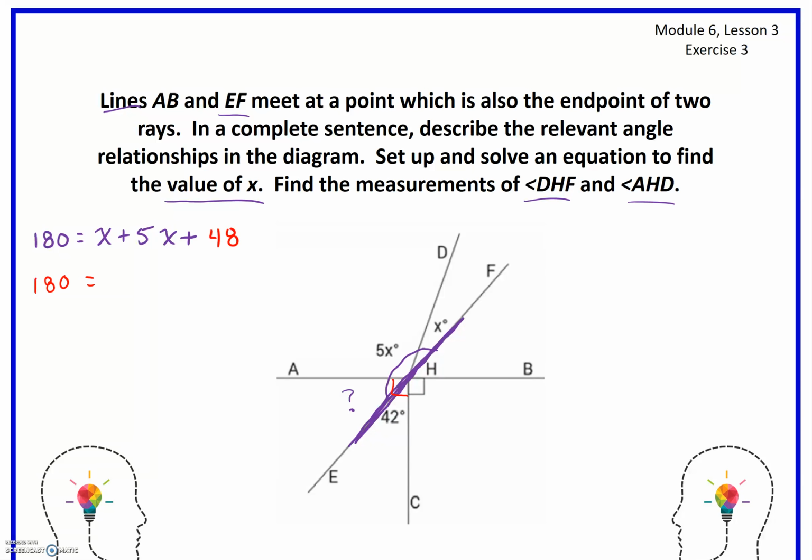180 equals 6x plus 48. No, 90 minus 42, yeah, is 48. 180 minus 48, subtracting 48 from both sides, 132 equals 6x divided by 6. 22 equals x.